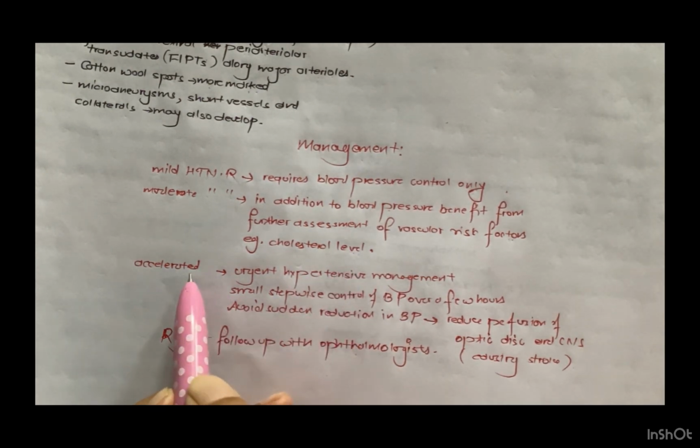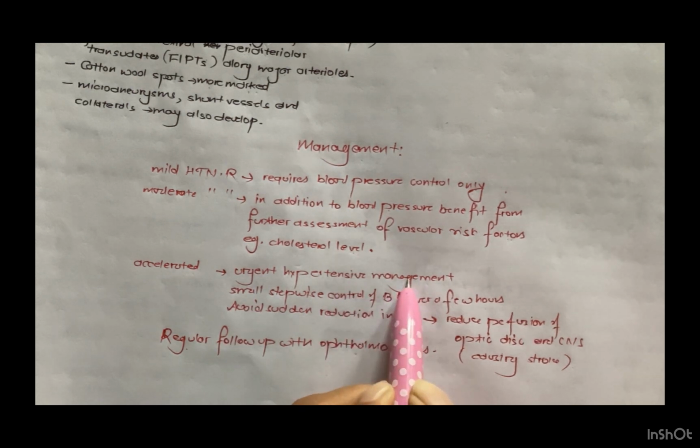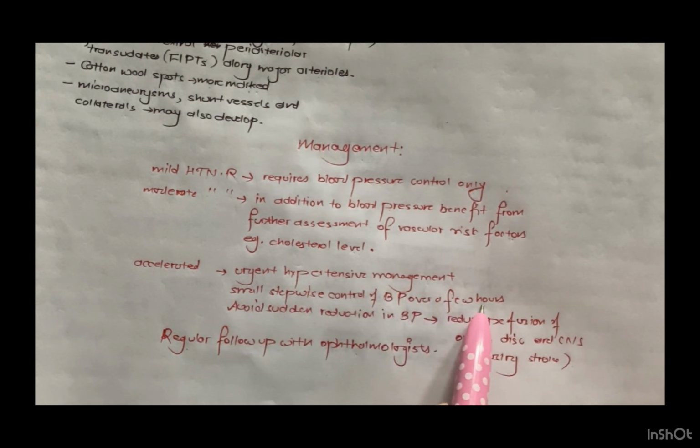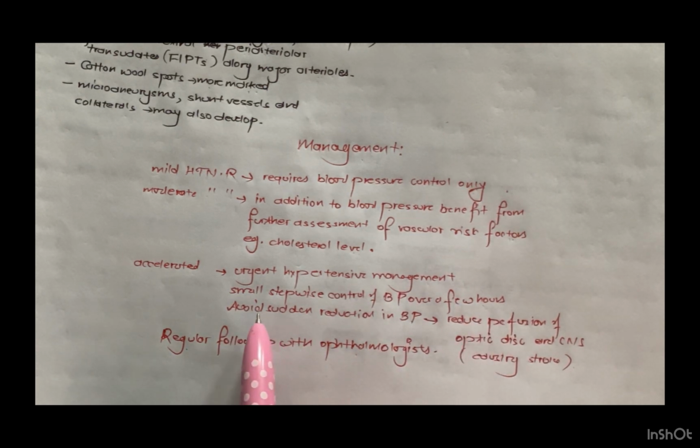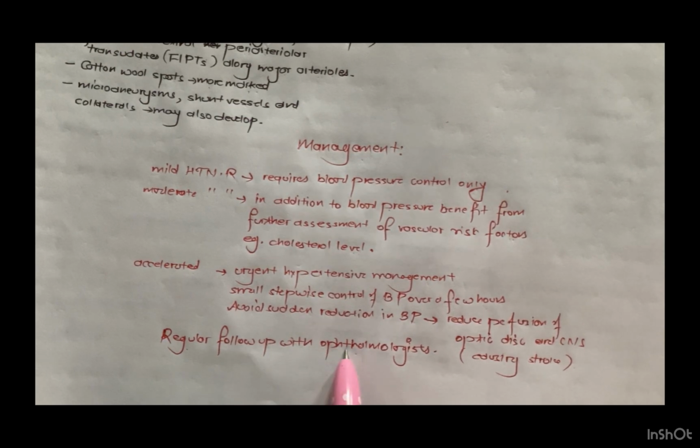And in accelerated hypertensive retinopathy, there is urgent hypertensive management, and small stepwise control of blood pressure over a few hours should be done, and there should be avoidance of sudden reduction in the blood pressure, because if there is sudden reduction in the blood pressure, then there will be reduction in the perfusion of optic disc and central nervous system that may lead to stroke, and regular follow-up with ophthalmologist should be done.